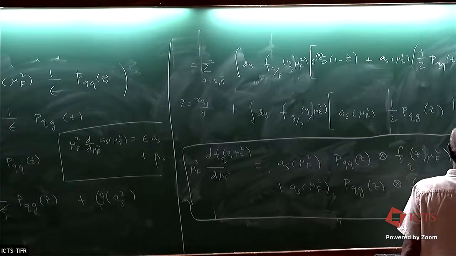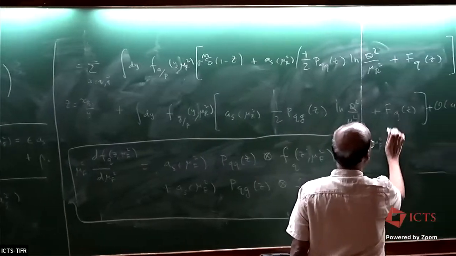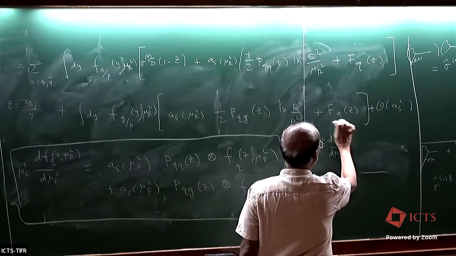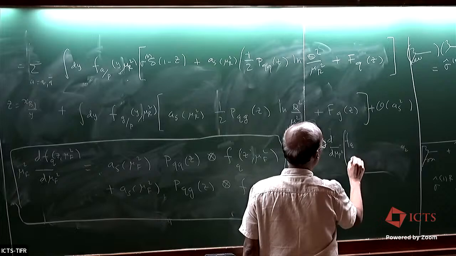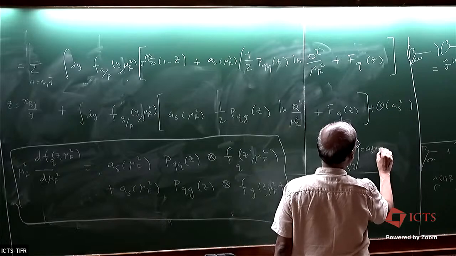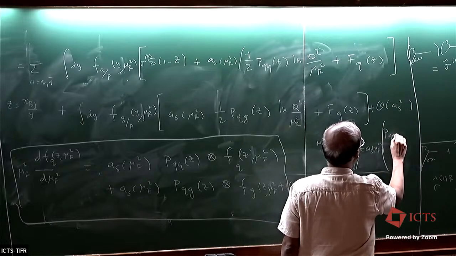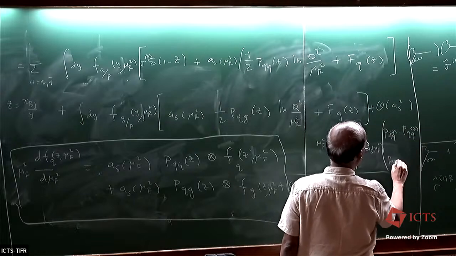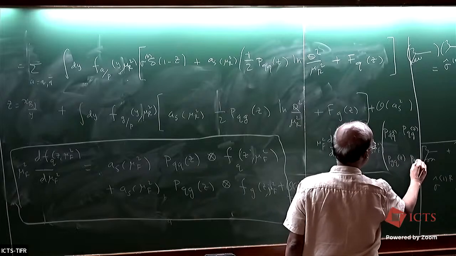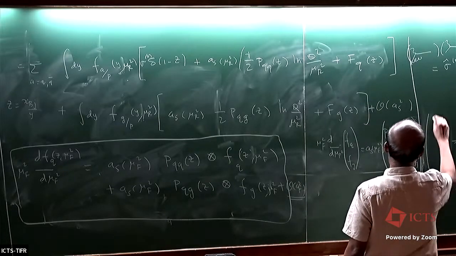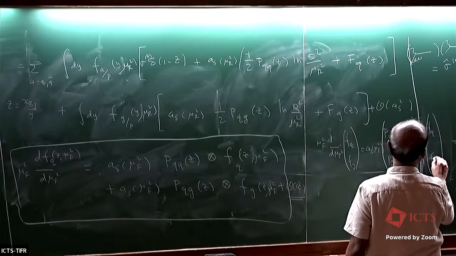If I calculate d by d mu_f^2 of f_q and f_g, it will have this structure: alpha_s of mu_f^2, a matrix P_qq, P_qg, all of them functions of z, P_gq of z, P_gg of z, times a convolution.